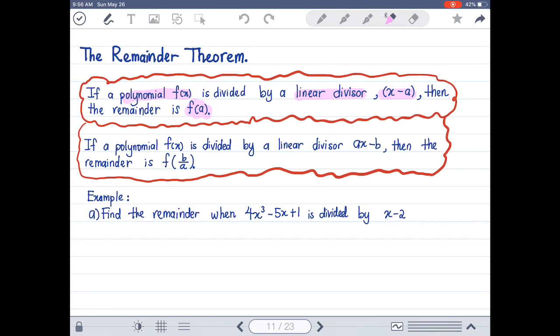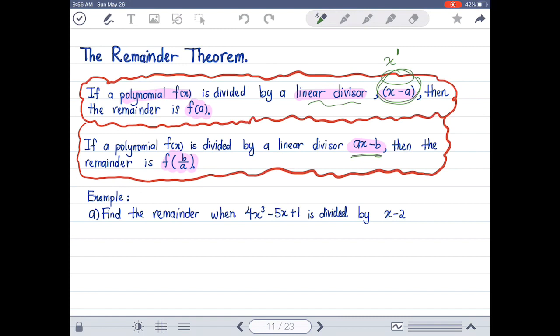Or we can also say that if a polynomial f(x) is divided by a linear divisor, ax minus b, then the remainder is f(b over a). Okay. What does it mean by linear divisor? So the divisor here is linear, obviously, because x is to the power of 1.